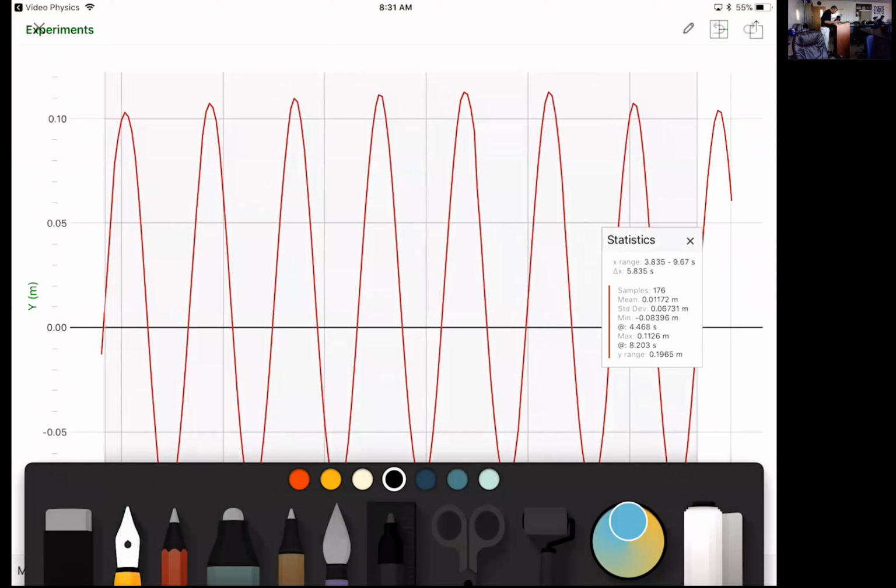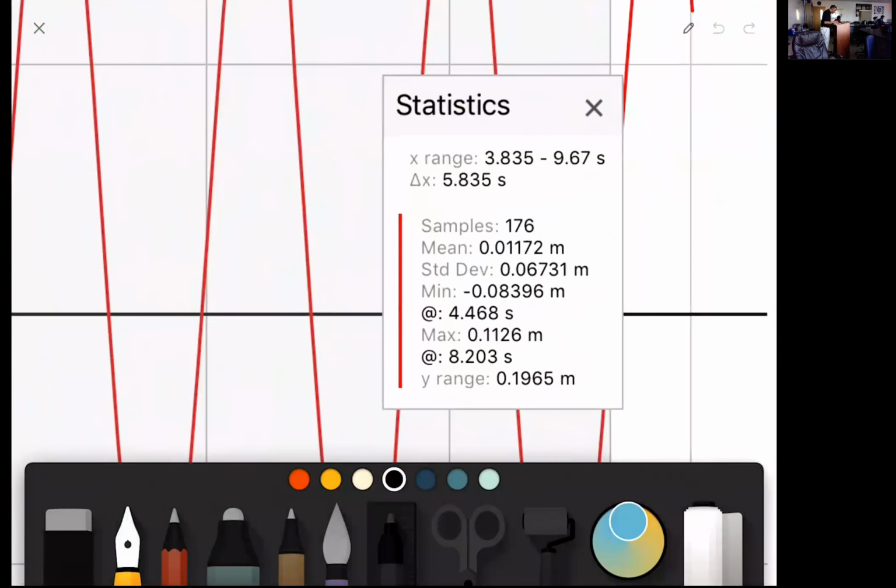So right here, you can see that the time that it takes for it to go from 1 to 7 is 5.8335 seconds. So those 7 oscillations, all we need is 1 to find the frequency. But I'm doing 7 just to get an average, okay?